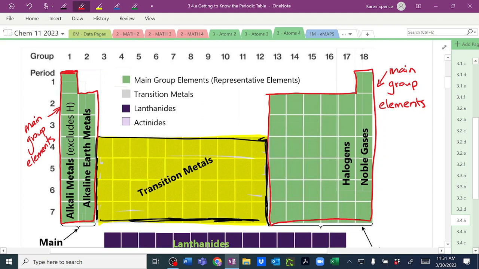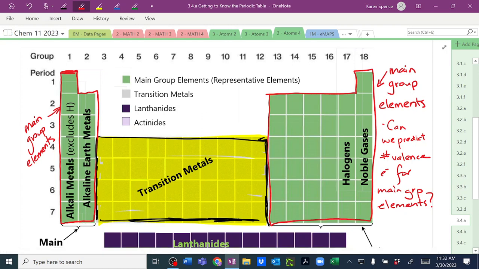Are we able to predict the valence electrons for the main group elements? Chat with your partner about that. Yes, no?